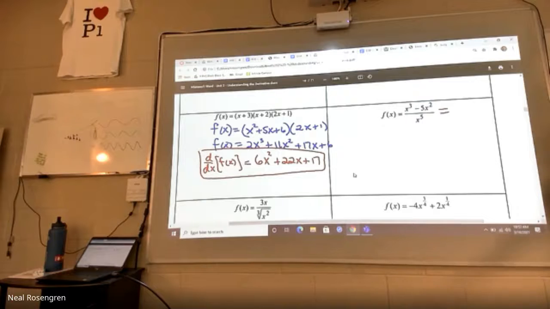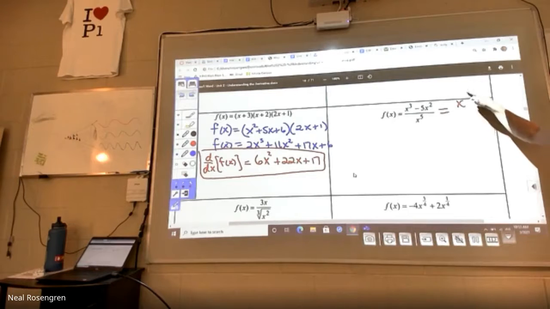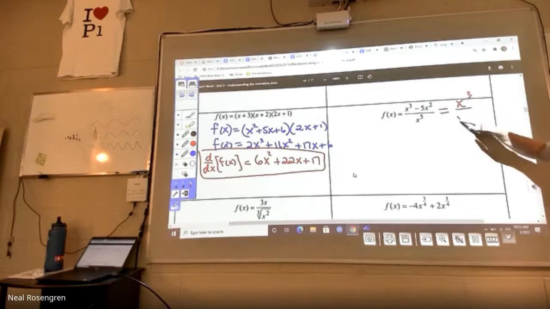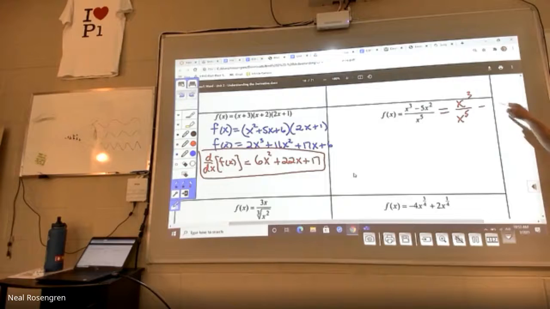Yeah, divide everything by x to the fifth, right? Now, maybe this is your mindset, and maybe you even decide to write it down, but here's kind of what we're doing. I'm going to take x to the third and divide it by x to the fifth, right? Then I'm going to subtract 5x squared over x to the fifth, right? That's kind of what's happening in your brain, and feel free to write that down if that helps.